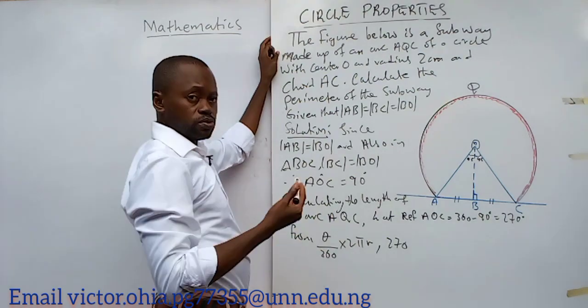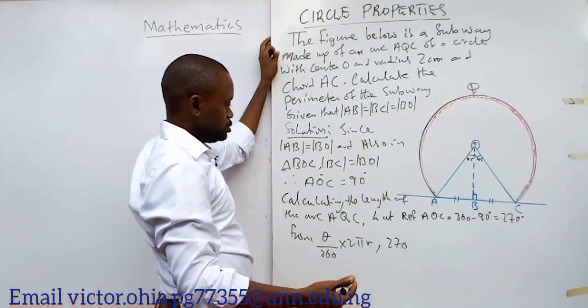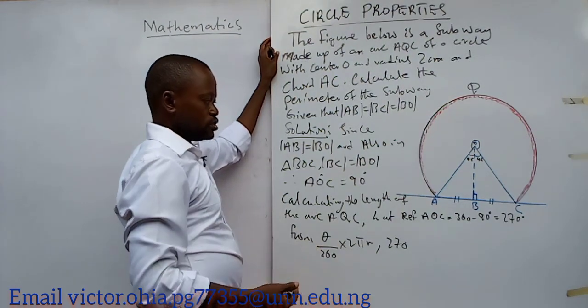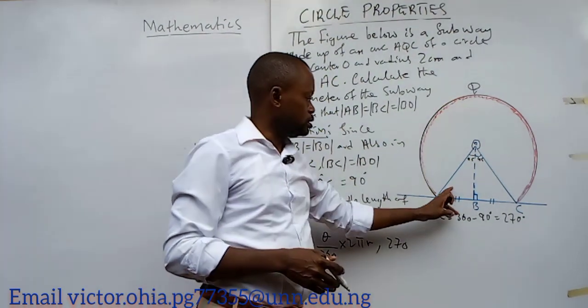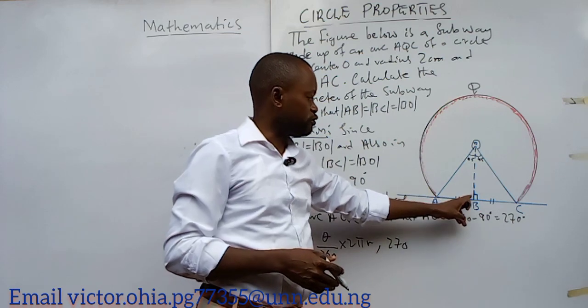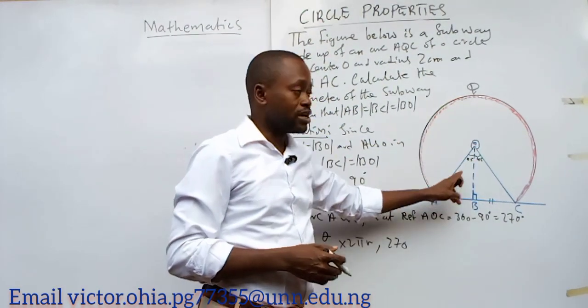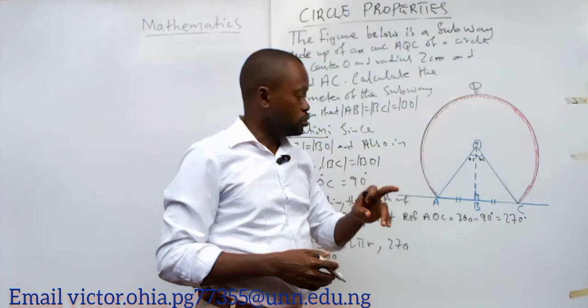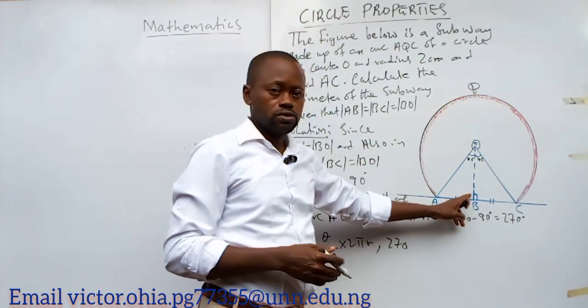I am sure we are following the explanation stage by stage. First of all, this is an isosceles triangle, and for the fact that here is 90 degrees, the base angles must be equal.